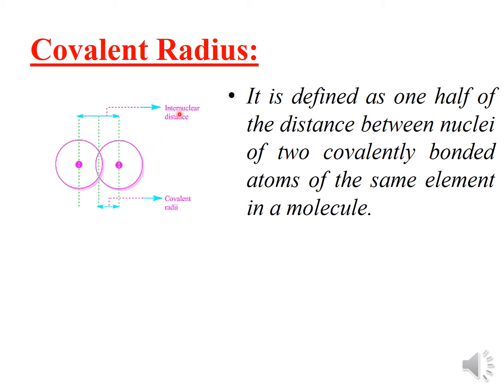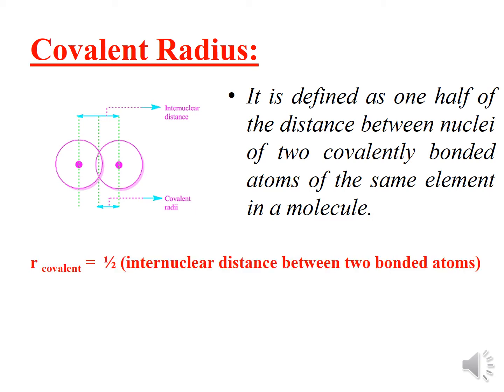Covalent radius is defined as one half of the distance between the nuclei of two covalently bonded atoms of the same element in a molecule. So this is the internuclear distance, and one half of this distance is known as the covalent radius.